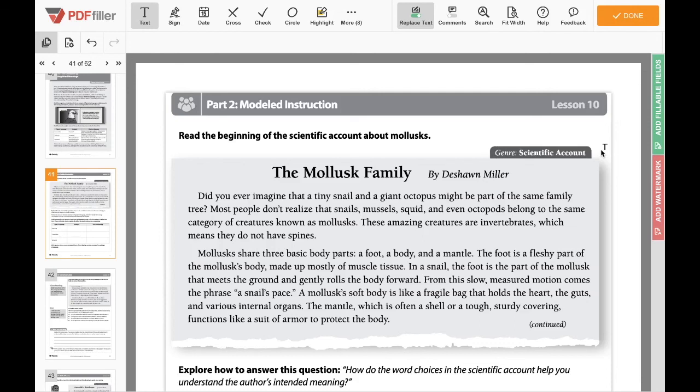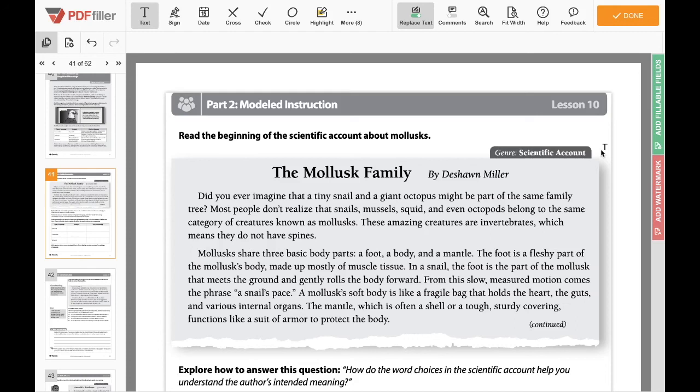So it says the mollusk family. Did you ever imagine that a tiny snail and a giant octopus might be part of the same family tree? Most people don't realize that snails, mollusks, squid, and even octopods belong to the same category of creatures known as mollusks. These amazing creatures are invertebrates, which means they do not have spines. Mollusks share 3 basic body parts: a foot, a body, and a mantle.